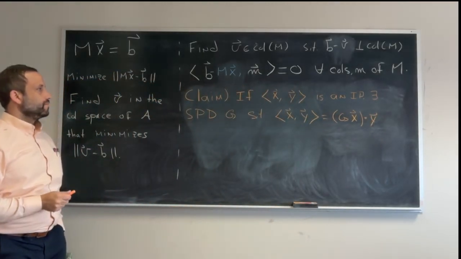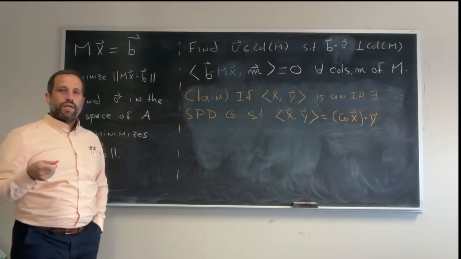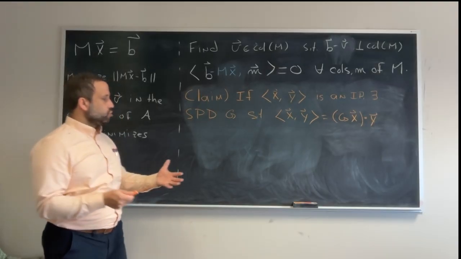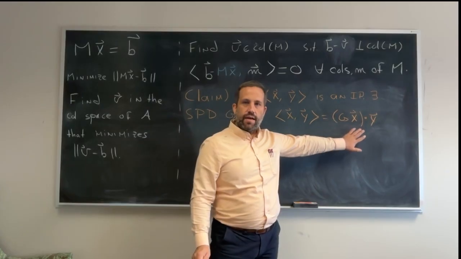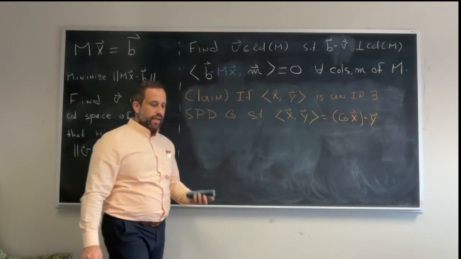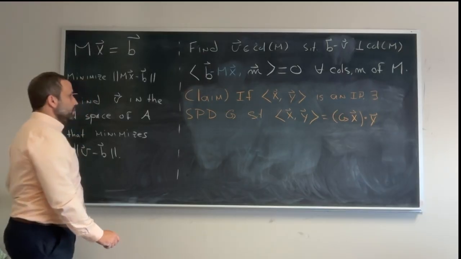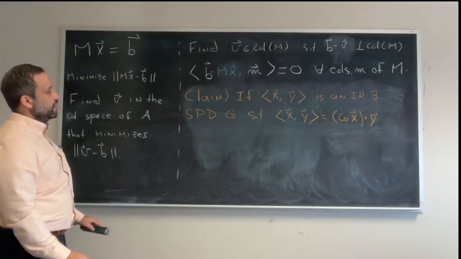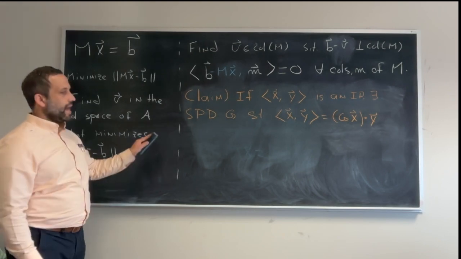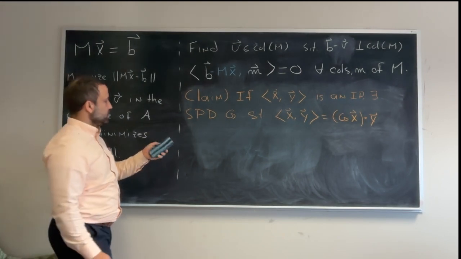That's my claim: any inner product on R^n we can really write as a sort of oblique dot product, Gx dotted with y, for some symmetric positive definite matrix G. Okay, so write that down, and I'm going to prove this.